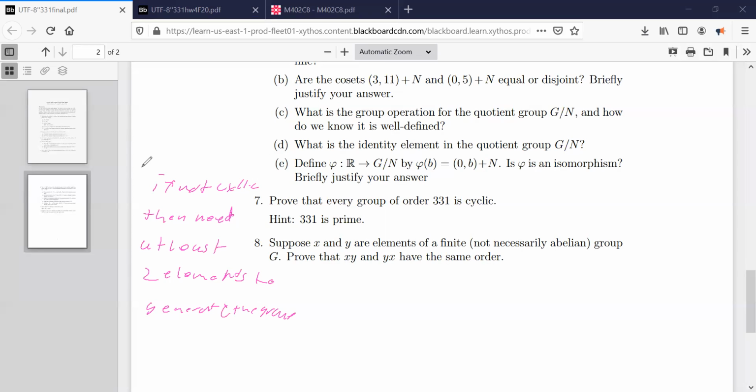I just want to say that the hint is like everything. Yeah. So there's a relationship between the order of subgroups and the order of the whole group that has to do with prime numbers, and you should be able to Google the rest. Okay, thanks. I don't know how to give you any more without actually just giving the answer. Right, yeah.